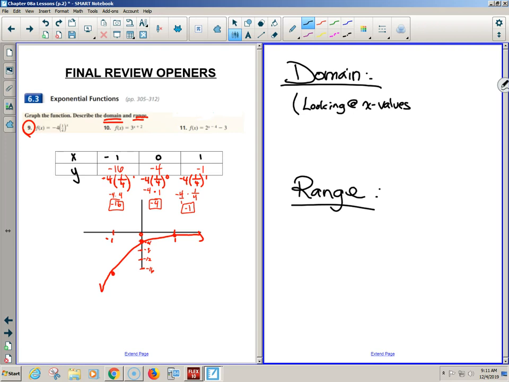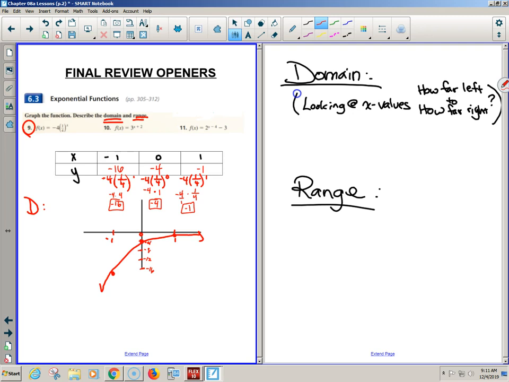Looking at the x values, we ask ourselves, how far left to how far right. So, for this one, what's our domain? What's that snazzy symbol? You guys remember for all those? We could write all we want. A paragraph symbol with an R instead. Yeah, very similar though, paragraph symbol but with an R instead.